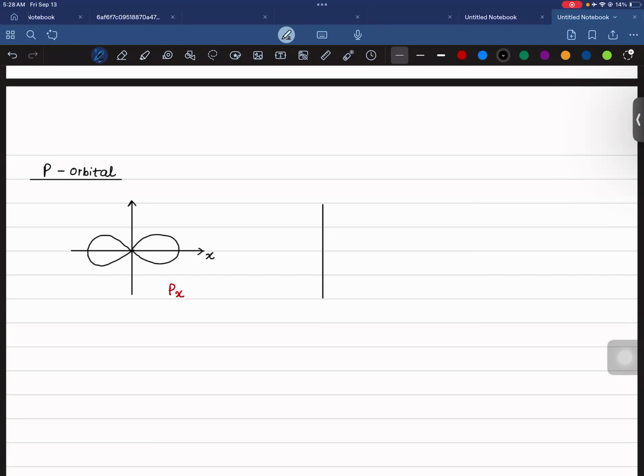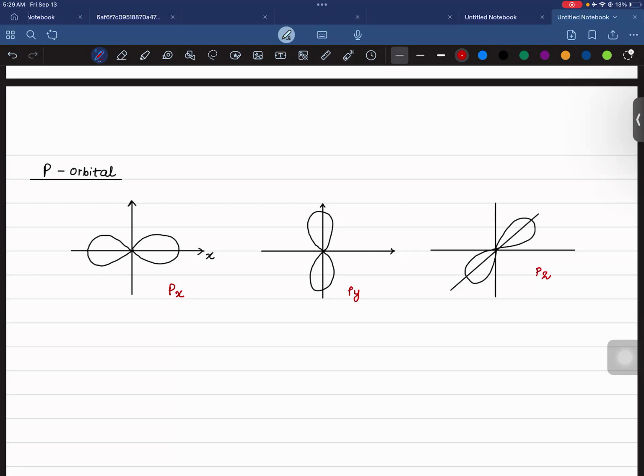I can also draw this orbital on y-axis. This is py. Then this is pz.